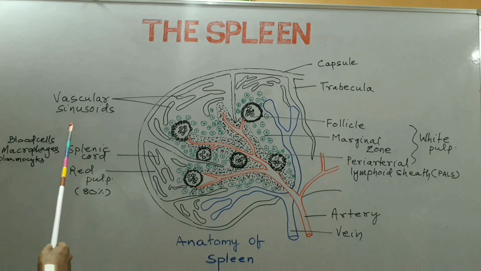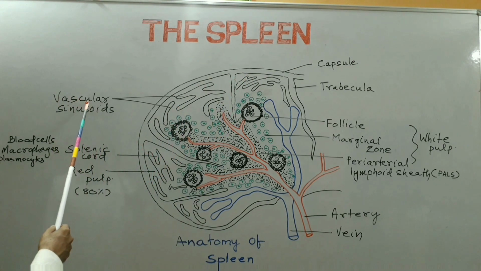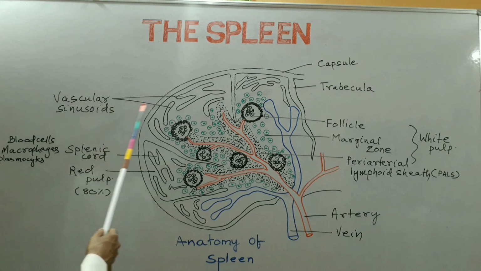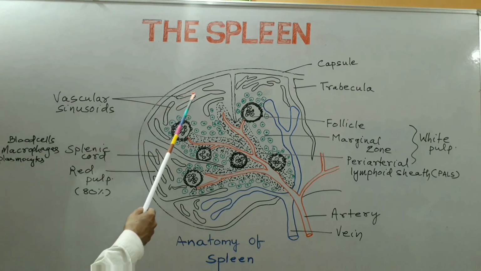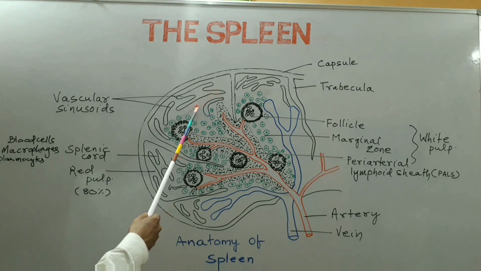The blood flows slowly through the vascular sinusoids. These are the vascular sinusoids. The blood flows slowly through them, where it becomes exposed to macrophages from the splenic cords.